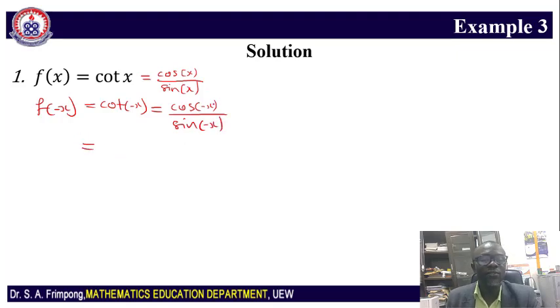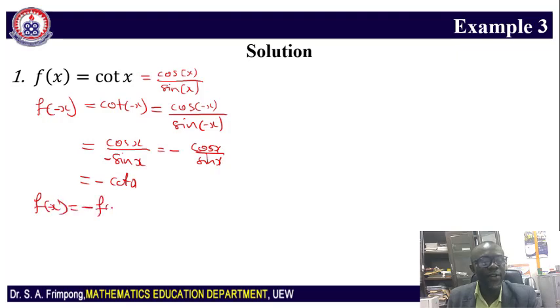We know that cosine of negative x is still cosine of positive x, but sine of negative x is negative sine x. So technically we're going to have negative cos x over sine x, which is the same as negative cot x, because cot is cos over sine. So here I can see that f of negative x is actually equal to negative f of x. That is, if you negate the input, you get the negative of the function. So this function is odd.